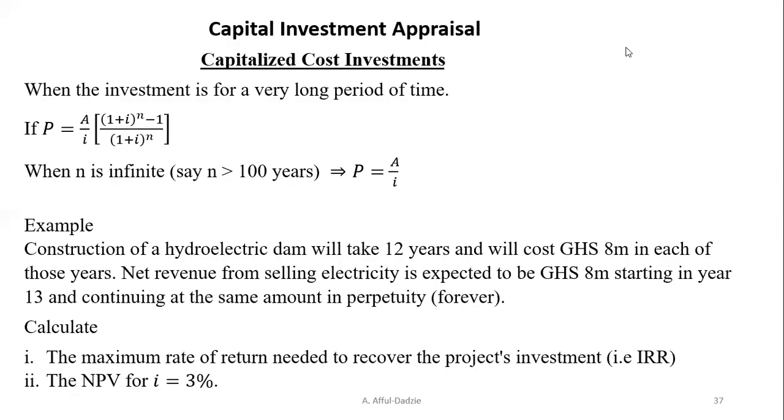When we have any cash flow, inflow or outflow, that seems like it is going to be forever, we just compute the present value with this expression, A over i.